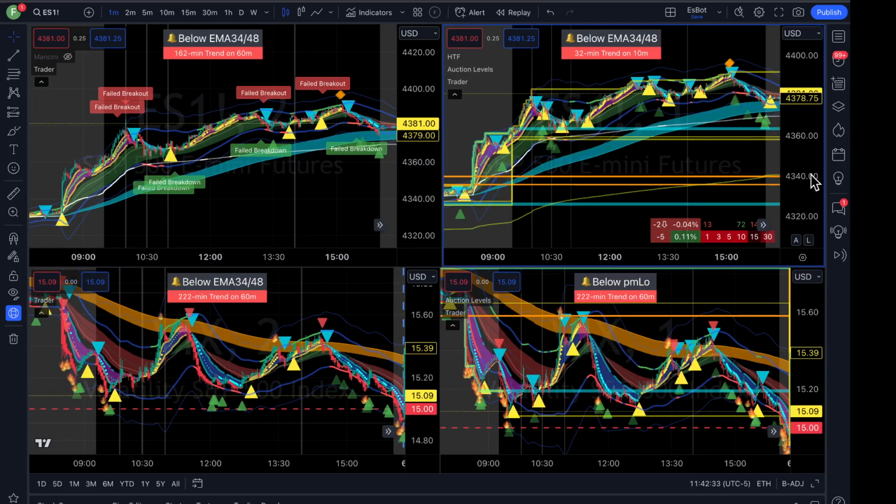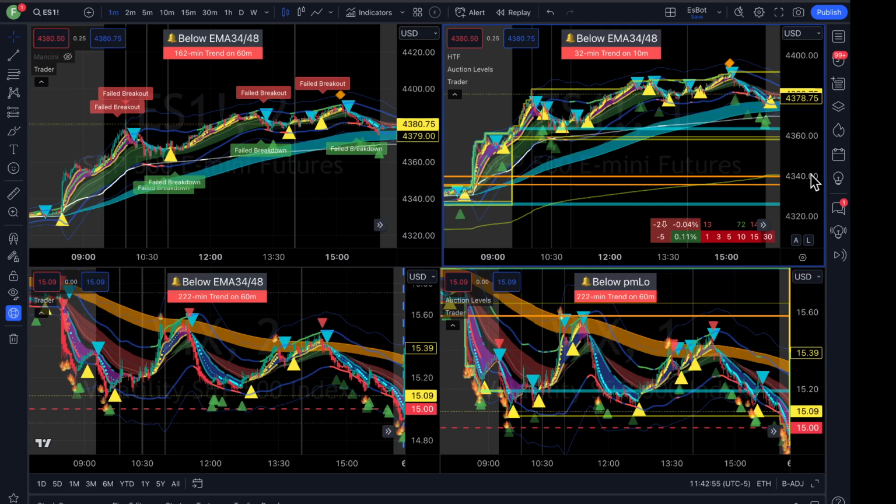Like if on the hourly or the 4 hour or the daily or the weekly or the monthly, everything is in an uptrend, but in the short term we're in a downtrend, it's not an A plus setup. But today we might go the opposite direction.